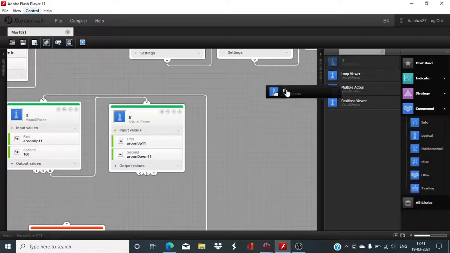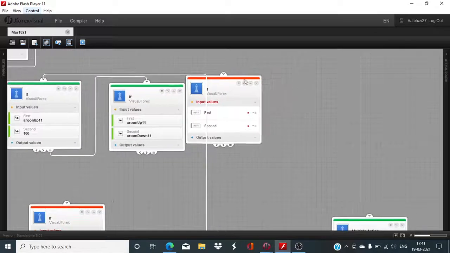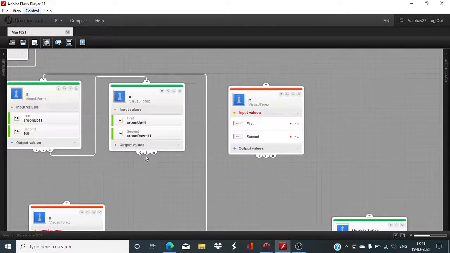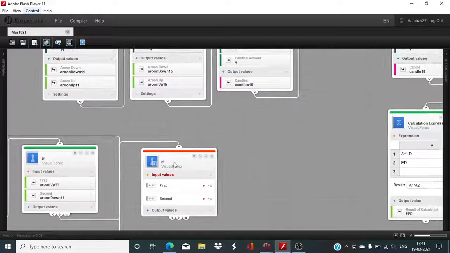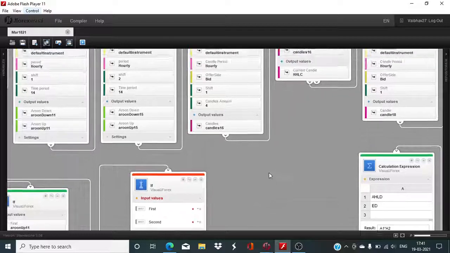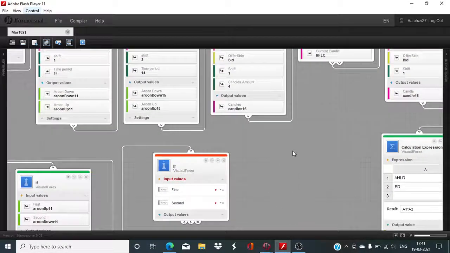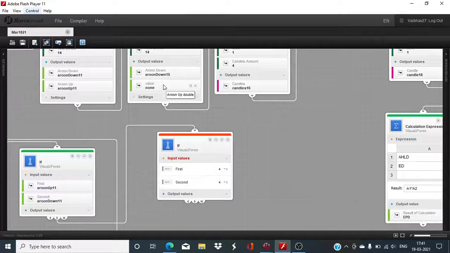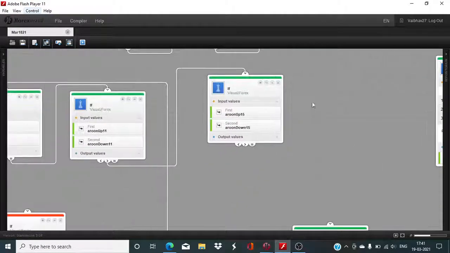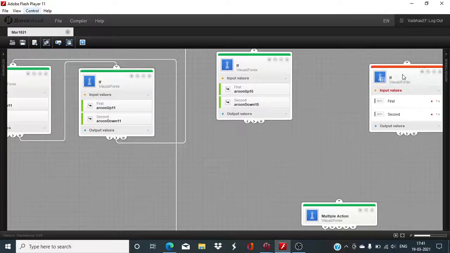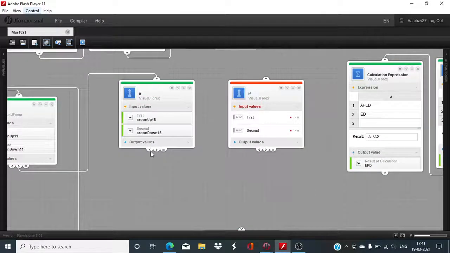And then one more block, and up should be above down. And for the last hour, no, the penultimate hour, up should be below down. So first input less than second.